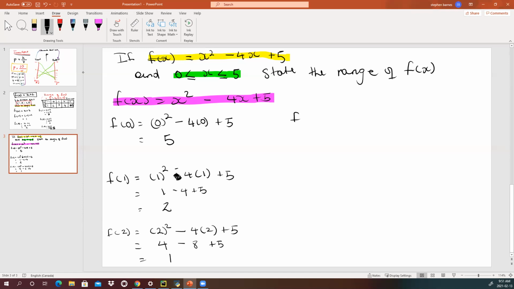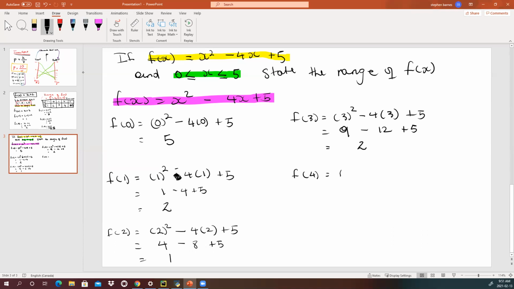Next one is f of 3, which equals 3 squared minus 4 times 3 plus 5, equals 9 minus 12 plus 5. 9 minus 12 is minus 3, and minus 3 plus 5 is 2.